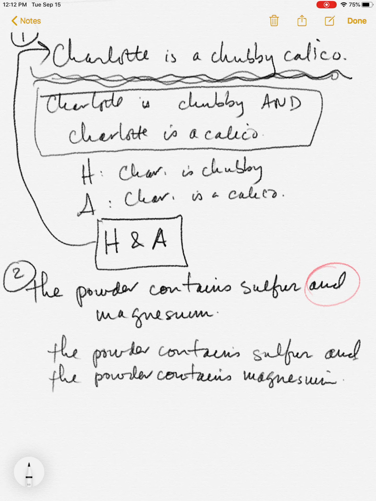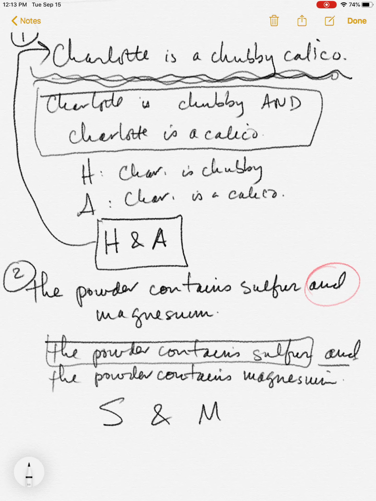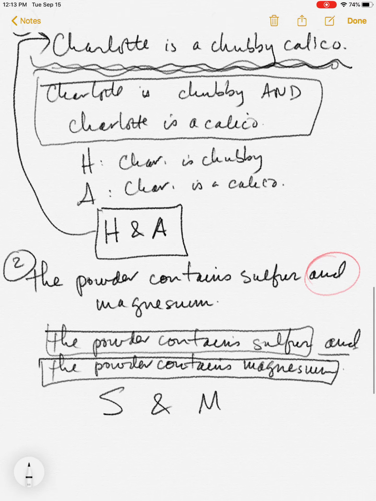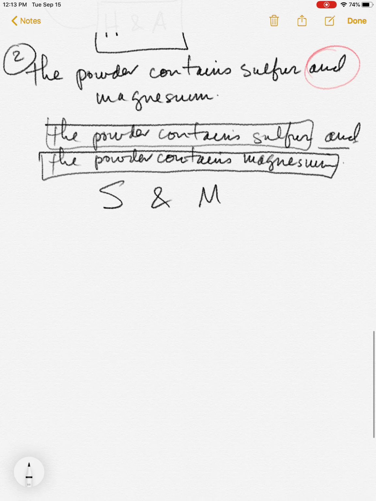And now we can have S, I'm not going to write out the full dictionary, but S stands for the powder contains sulfur, and M stands for the powder contains magnesium, and now we put an ampersand between them, where it's very clear what's going on here. But initially, we had to paraphrase the sentence, figuring out that these were going to be our conjuncts of the conjunction. Okay? Not a terribly complex paraphrase, but a paraphrase nonetheless.